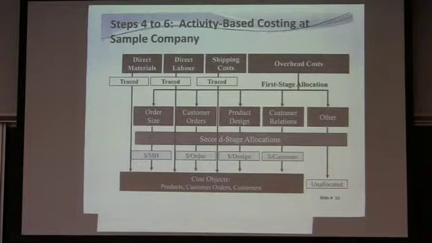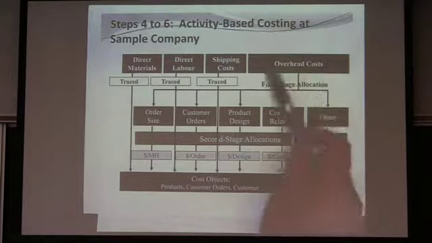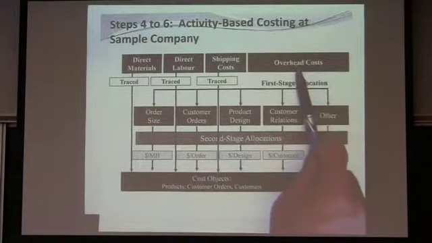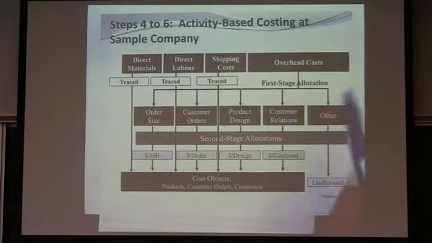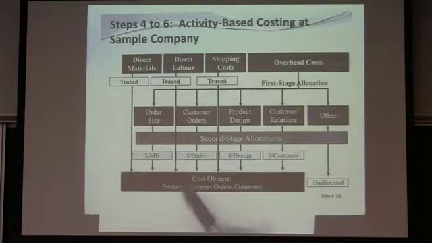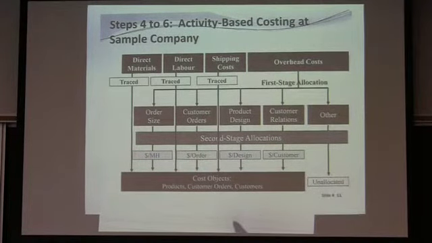Now, traditional costing, as we saw in other mock exercises, we looked at the overhead, and we often use either machine hours or labor hours to allocate it to a particular product. And the second difference is that we allocate all to the product. We don't have an unallocated amount.